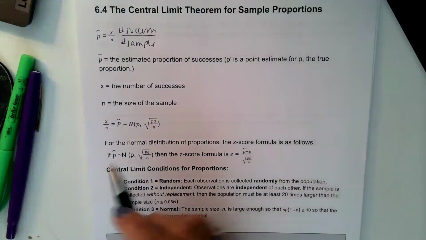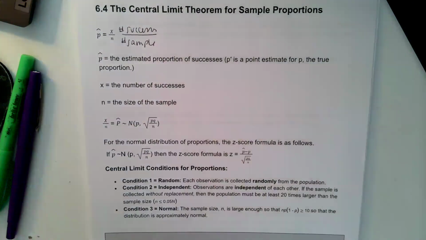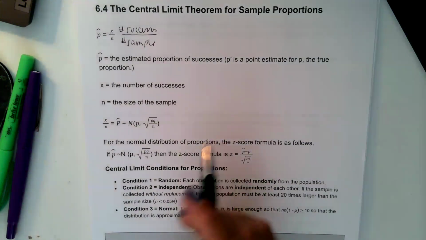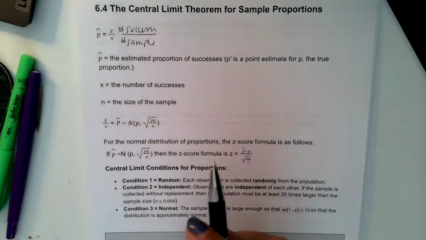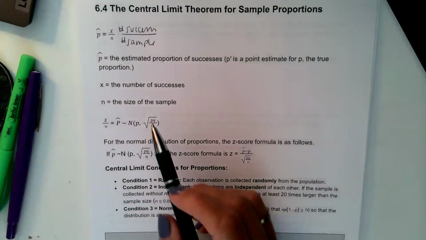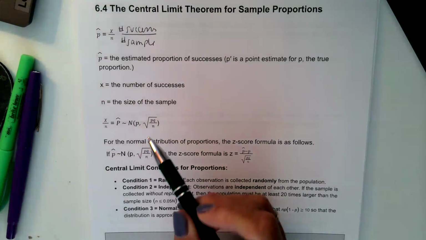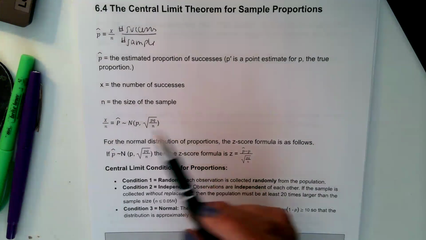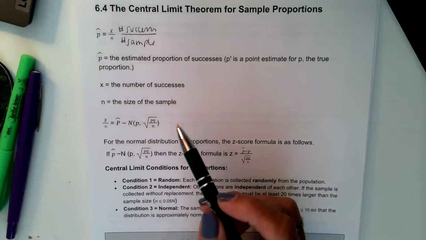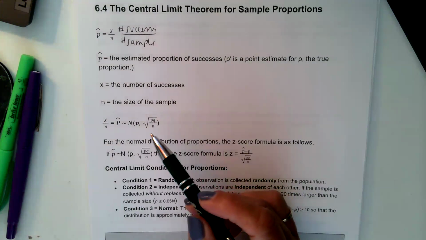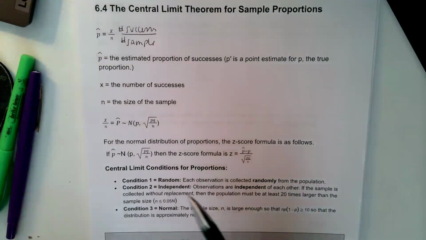Okay. And so we have to normalize this just like we did in 6.3, where we create basically a z-score for the particular scenario of the quantitative data. Now we're going to create a z-score for a particular scenario of a qualitative variable.